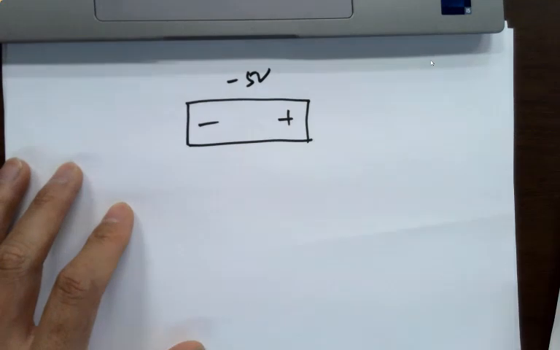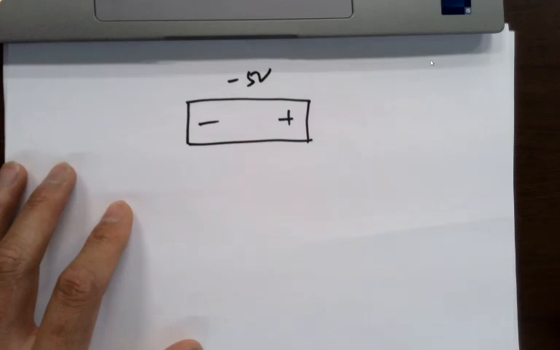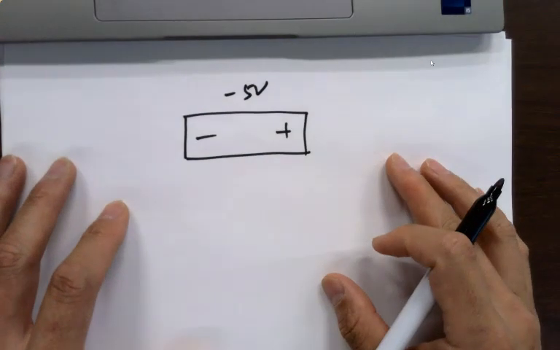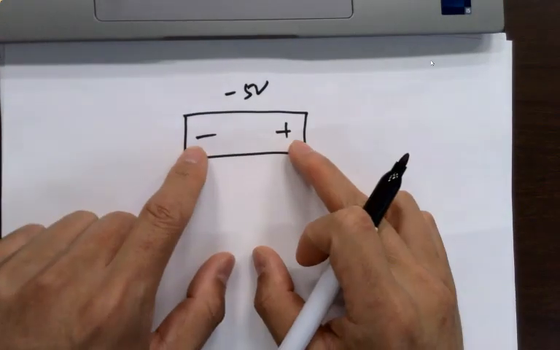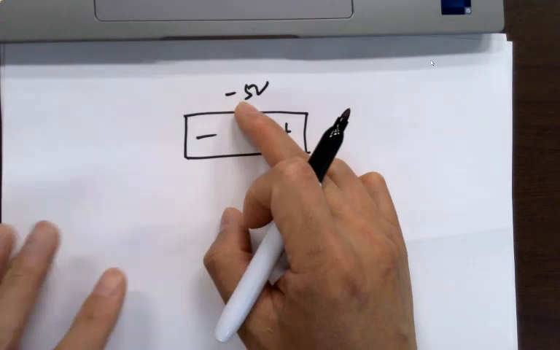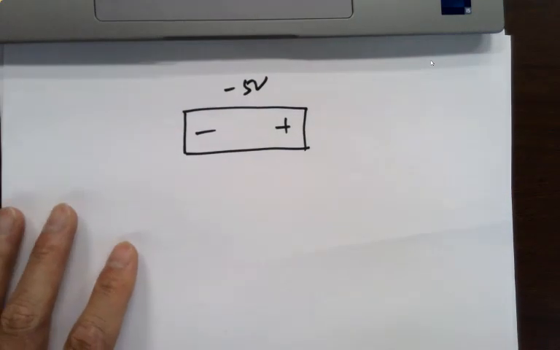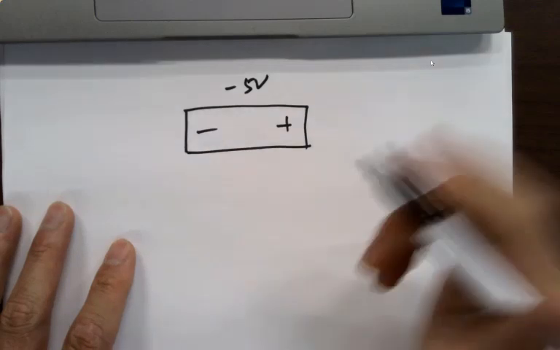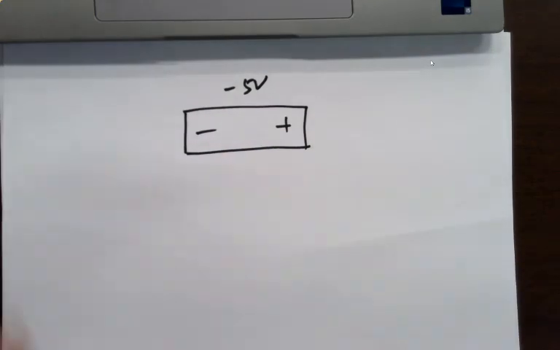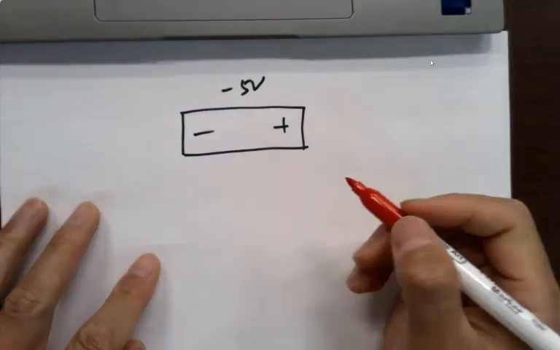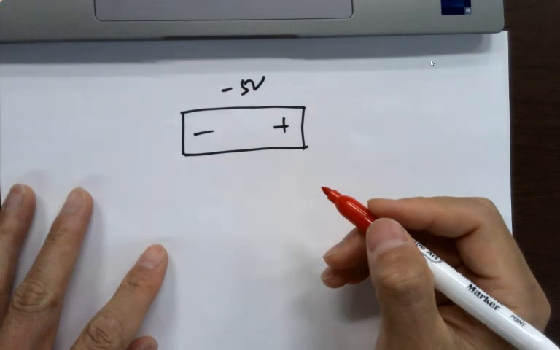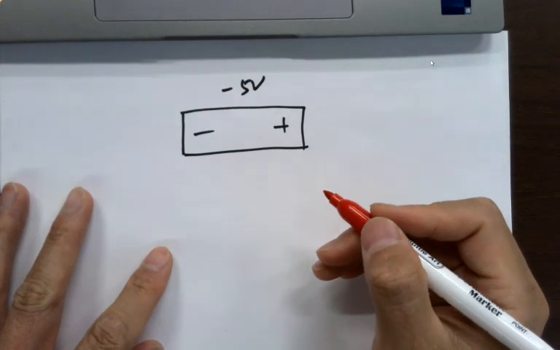It happens a lot in these problems. It's labeled plus minus, but it's telling you it's minus 5 volts, which means physically, in the real circuit, there's a voltage drop from left to right. Is that clear?